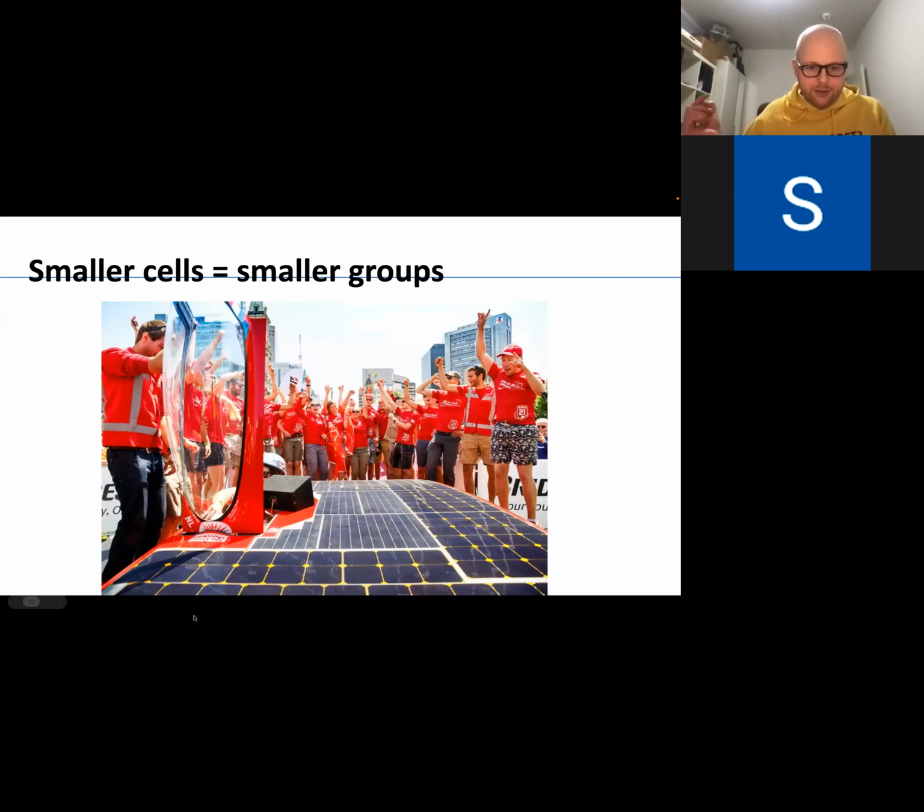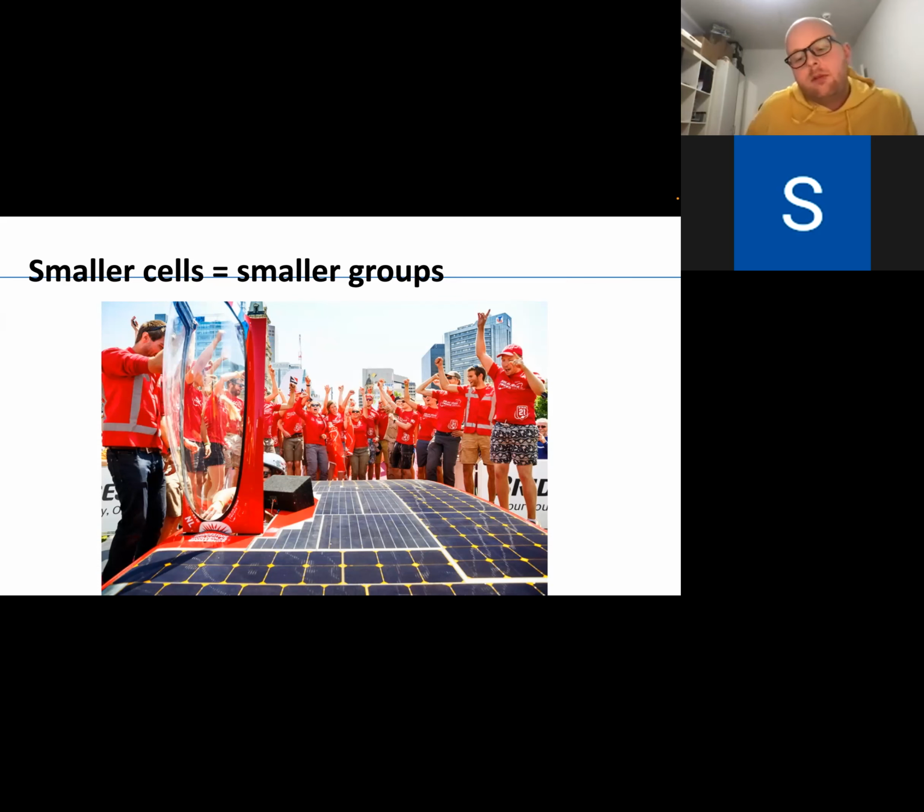This is a picture of Solar Team 20. The reason I put this in there is that they put the canopy on one side of the solar car, so you only have shade either in the morning or the evening and not both.